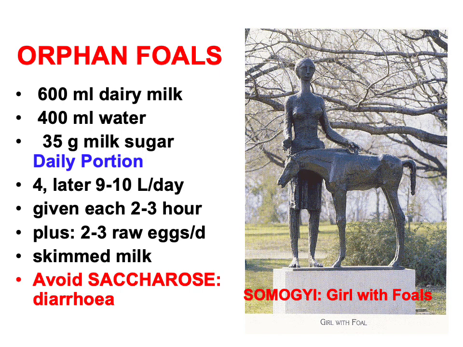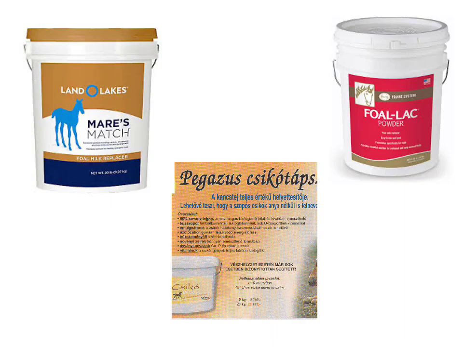Avoid saccharose, because the sugar can cause diarrhea. So the best is milk sugar or possibly glucose. One example, once more, without claiming to be exhaustive, is a ready to use milk powder.